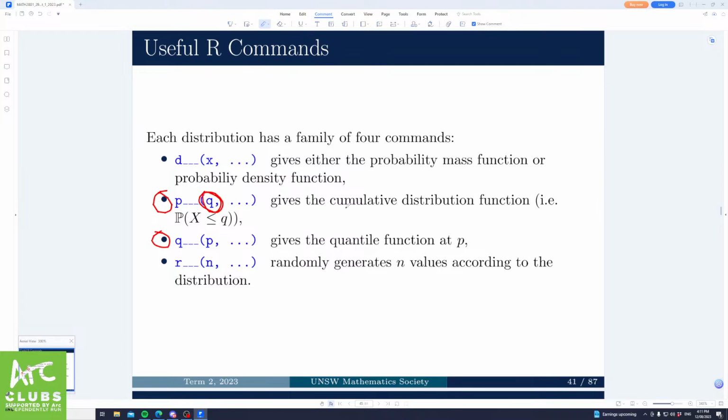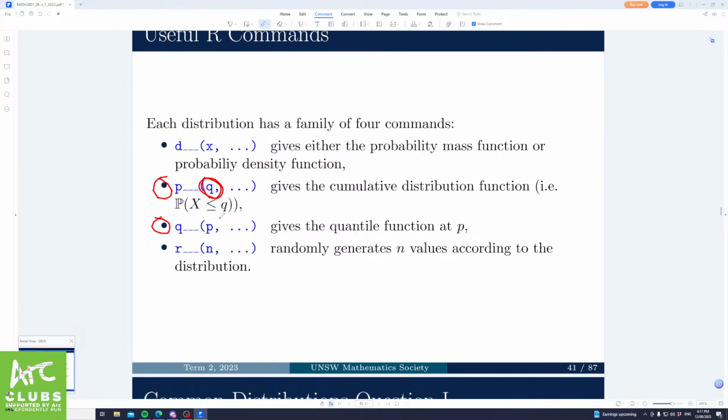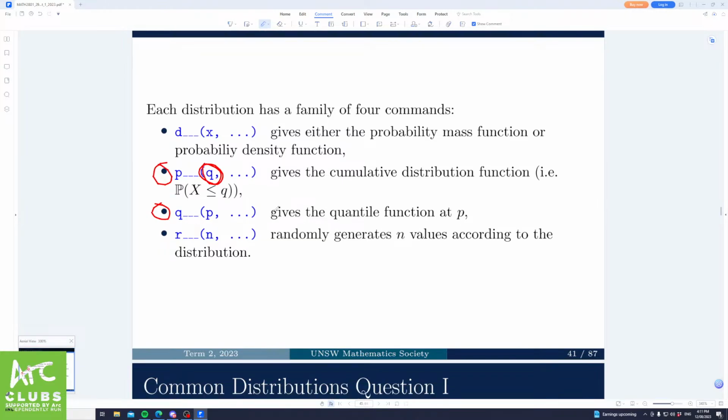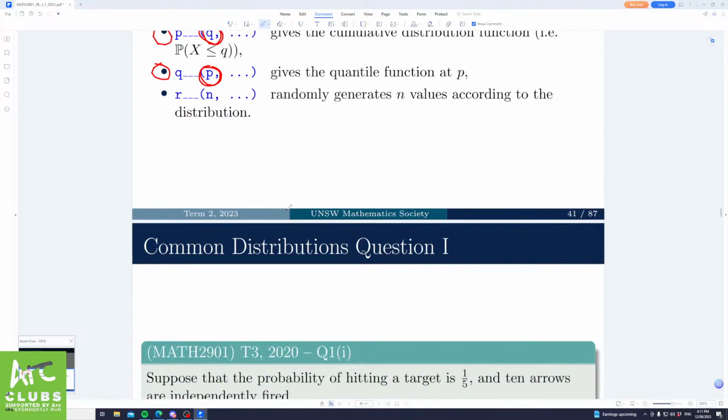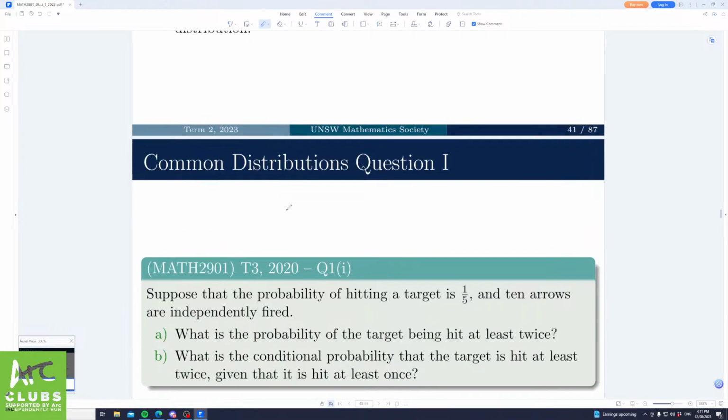And Q gives you the quantile function. So you input a probability for Q, and it gives you the value that corresponds to that quantile, essentially. But I'd recommend having a play around with these two in R just before the exam starts, I guess, just to be familiar with them.